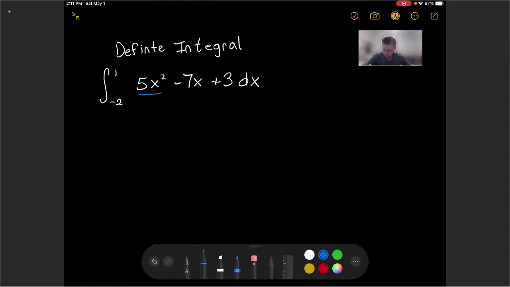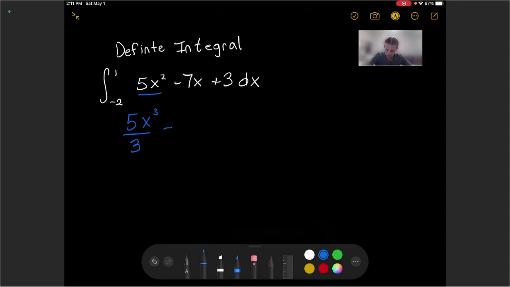5x squared, we can take its antiderivative, leave the constant, power x, raise it to the 2 plus 1, which is 3, and divide by our new power of 3. So we have an antiderivative of 5/3 x to the third.